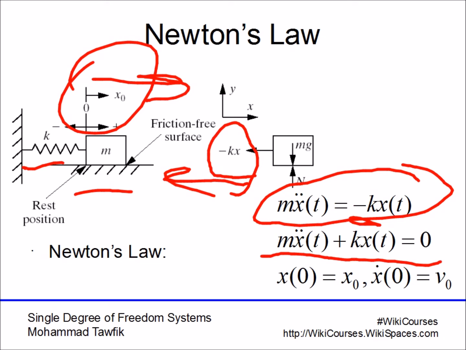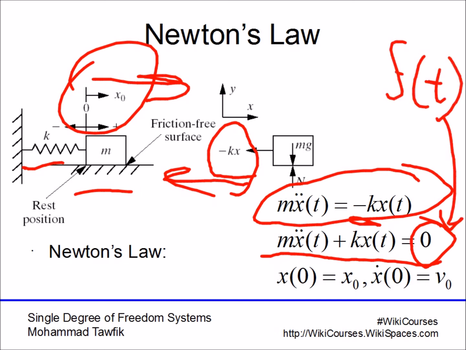In this case, we say that it is equal to 0 because there is no externally applied force on our mass. However, if we decided that there is a force applied on the mass, then this 0 will change to f of t, where f of t is an excitation force applied on the system.